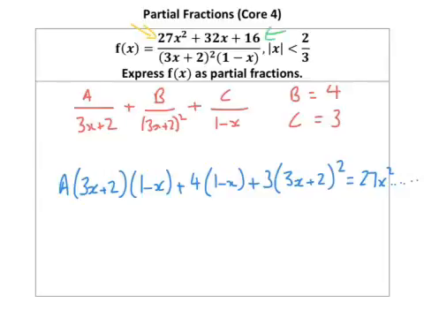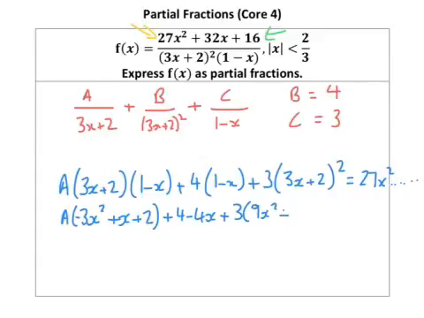Now I'm going to multiply all that out and simplify, and I should end up with a bracket: 3x squared minus 3x squared plus x plus 2, plus 4 minus 4x, plus 3 times 9x squared plus 12x plus 4 equals 27x squared, etc., the numerator of the original fraction.